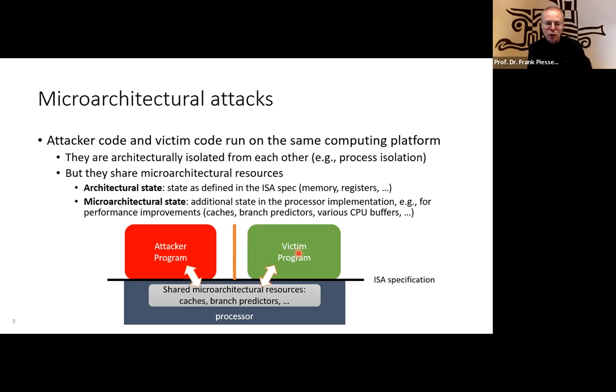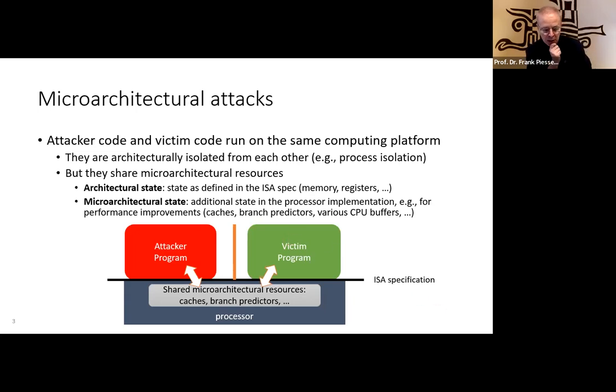So we will have code from multiple distrusting stakeholders running on that same platform. The prototypical example to keep in mind is a server in the cloud, for example, with multiple virtual machines belonging to different stakeholders, and what we want to consider is the possibility that one of these stakeholders is malicious and wants to attack one of the other stakeholders that will then be the victim.